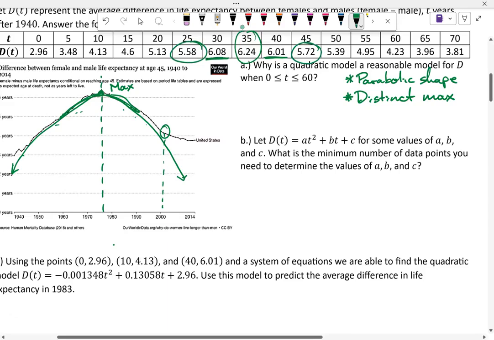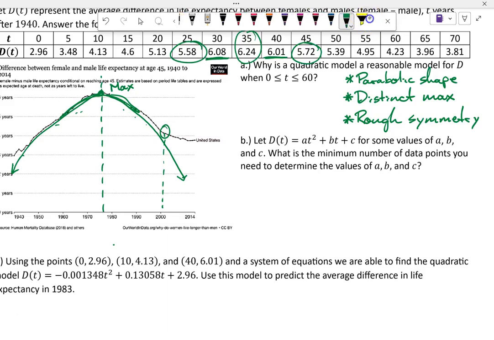Are those close to being the same? It's not going to be perfect, but is there maybe what we can call rough symmetry? Yes. So we can say, yeah, there is rough symmetry happening. It's not perfect, it's not exact, but there is definitely rough symmetry happening.